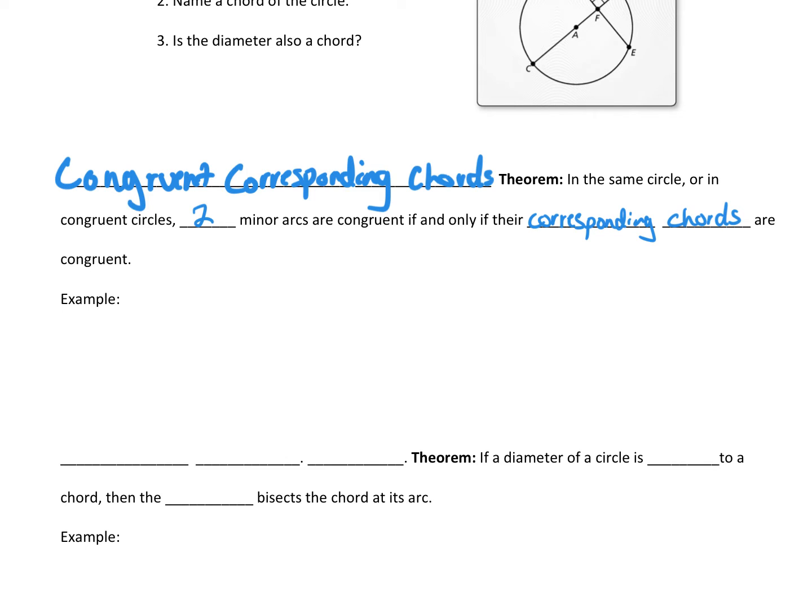So if I draw a circle here, and I have one chord here and another chord here, and somehow these two chords are congruent, then we can rest assured that the arcs on the outside, or this portion, are also congruent.